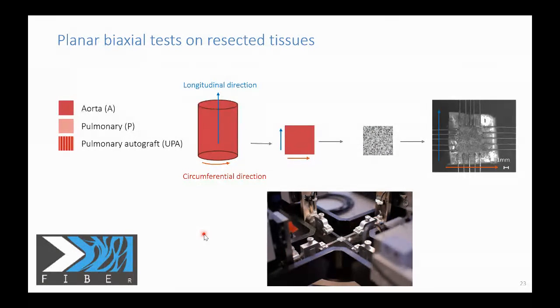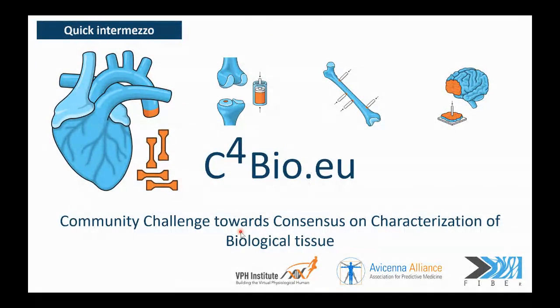And actually, in that context, I just want to make a really small intermezzo on a community challenge that we're currently organizing together with the Avicenna Alliance and the VPH Institute, so the Virtual Physiological Human Institute.